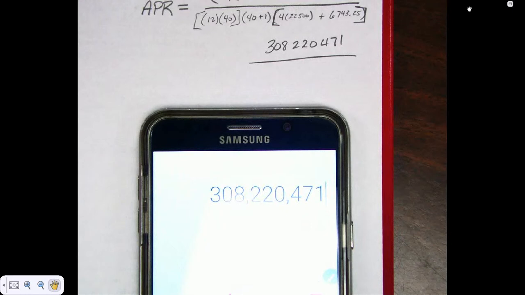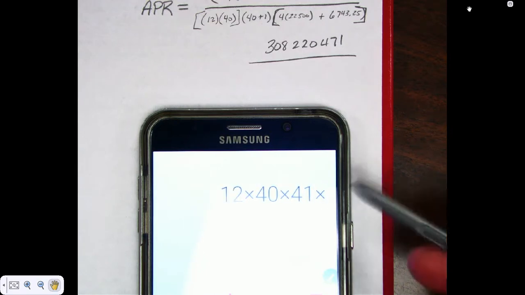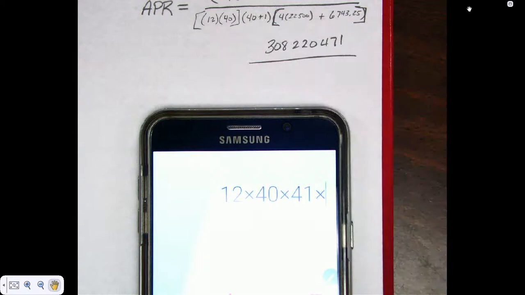Now let's see if we can do what's on bottom. 12 times what? Times parentheses. Well, let's just do that in our head. How about 41? We can do that, can't we? You guys see why I got 41? Times, now let's start our parentheses. I'm going to have two sets of parentheses.